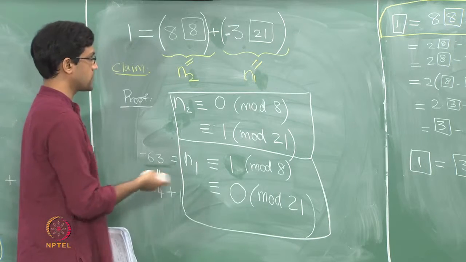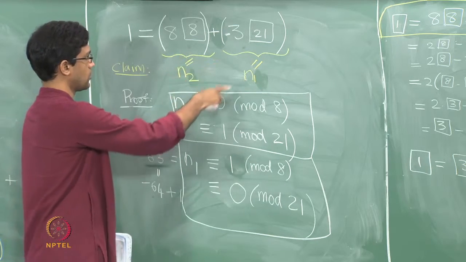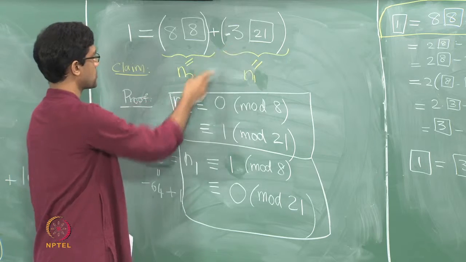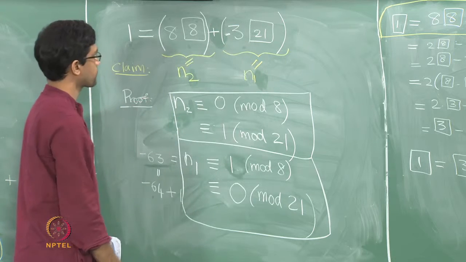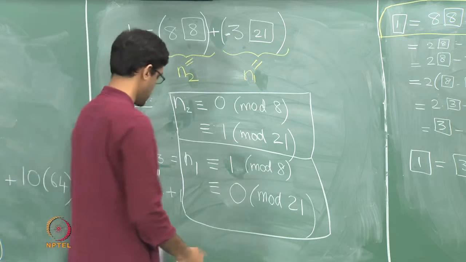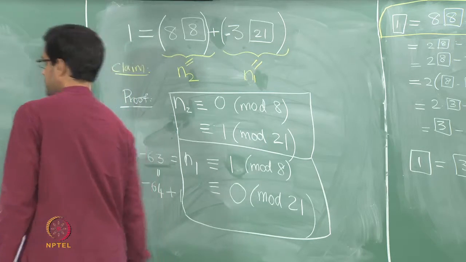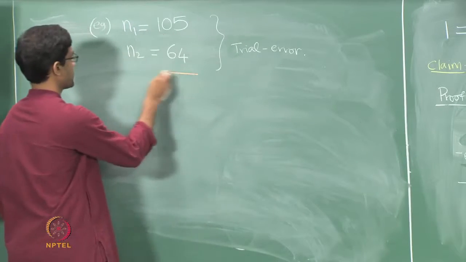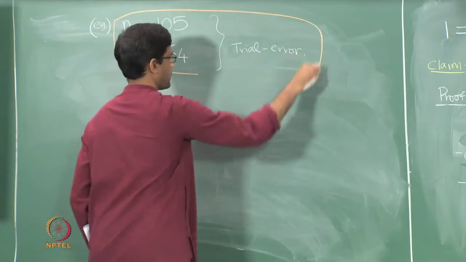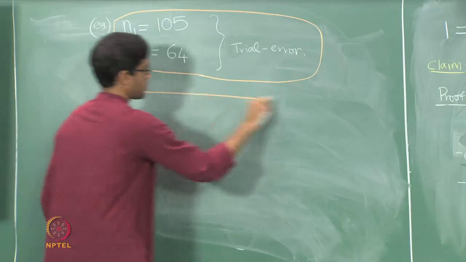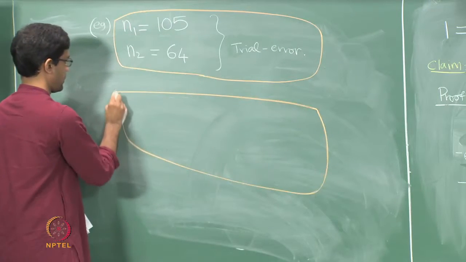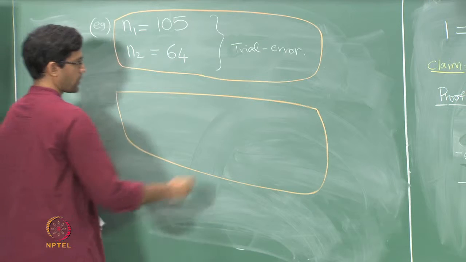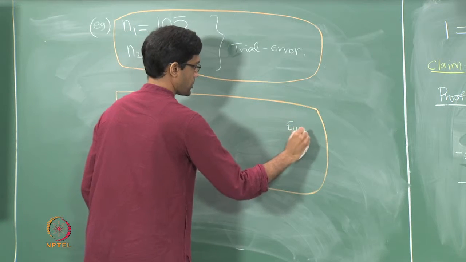So now in this case, what are the two solutions? One of them n1 is minus 63 and the other is 64, right? So those are the two solutions in this particular example. Now these solutions from before were things we found by trial and error. Now here are solutions which we find by our systematic procedure, the Euclidean algorithm approach.